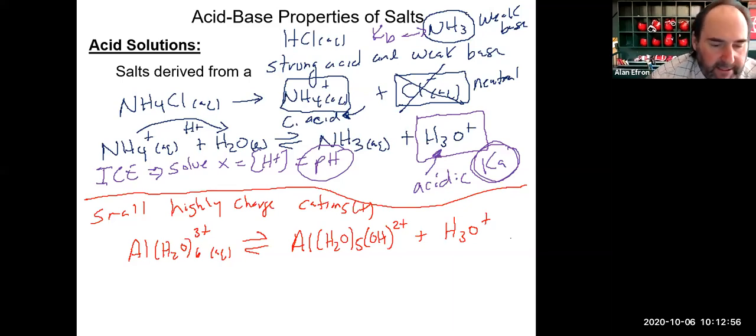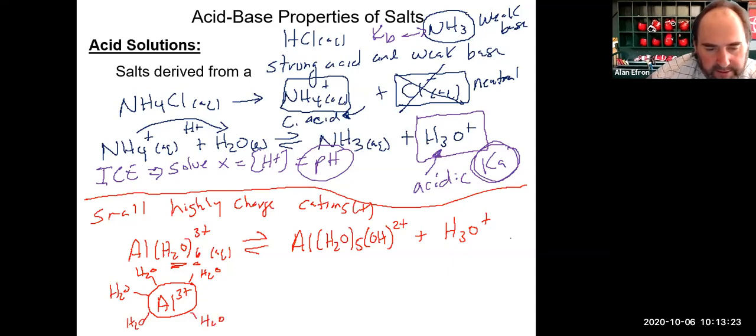And what's happening here is, let me just draw a picture. Basically, what we have is this aluminum that has a +3 charge, a small, highly positive charge. And what this means is there are basically 6 waters attached to it. So we have 6 waters, and I'll just draw out one of the waters here.